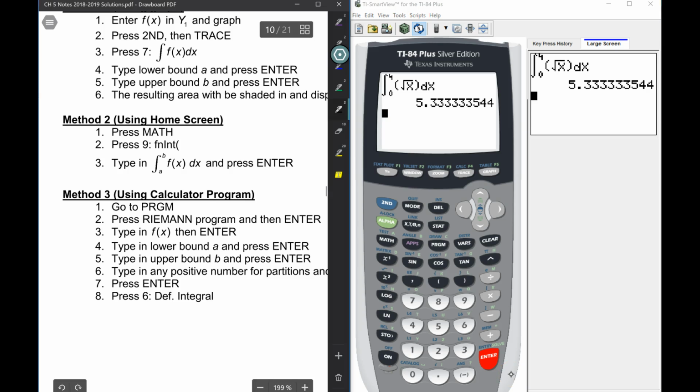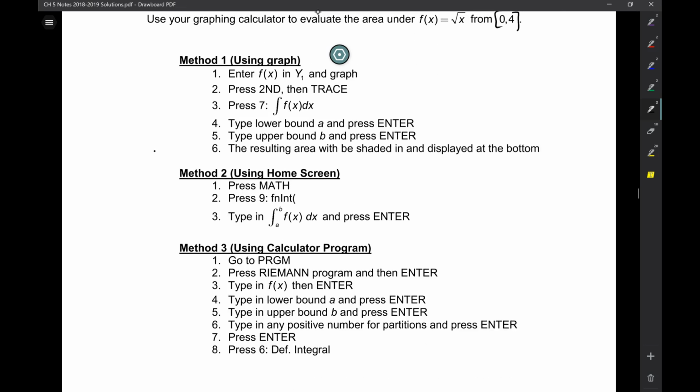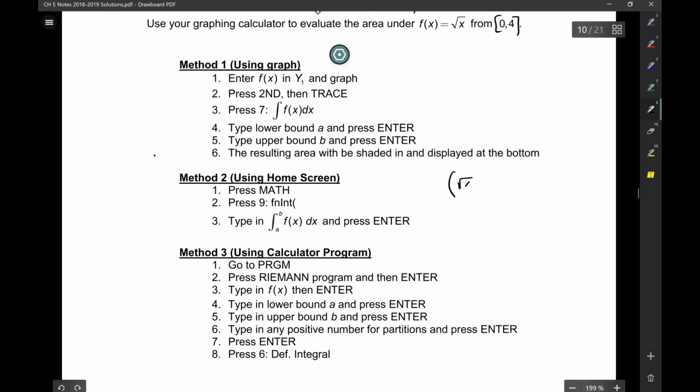Okay. Let's not worry about method 3 for now. If your calculator doesn't have the pretty little symbol, here's what you do. Listen, this is the syntax, this is the logic. You put in the function with respect to the variable, so x, that's the variable.